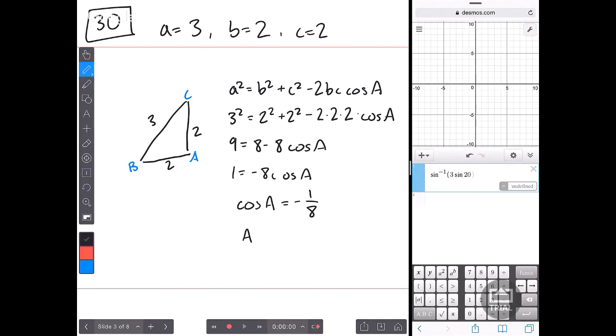And angle A is the inverse cosine of negative 1/8.